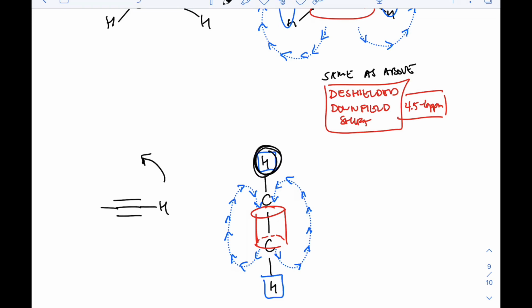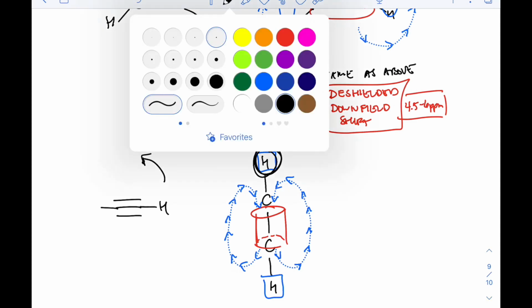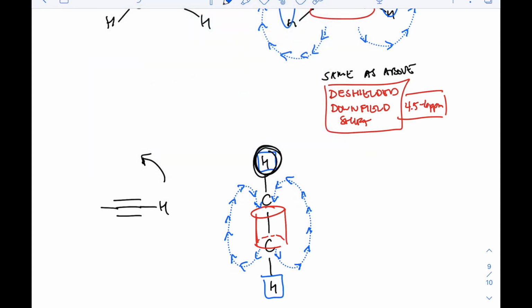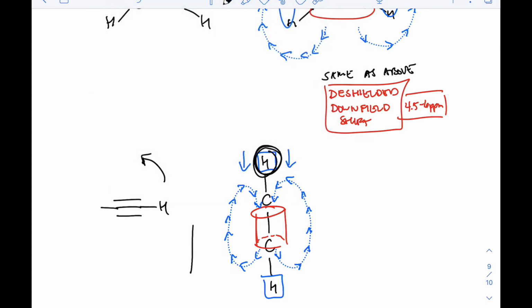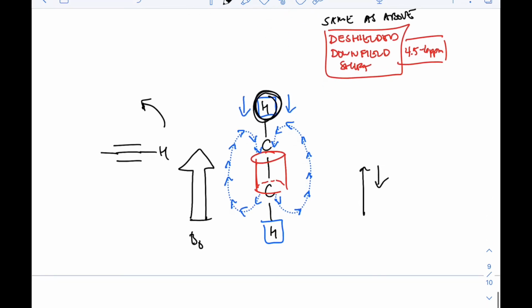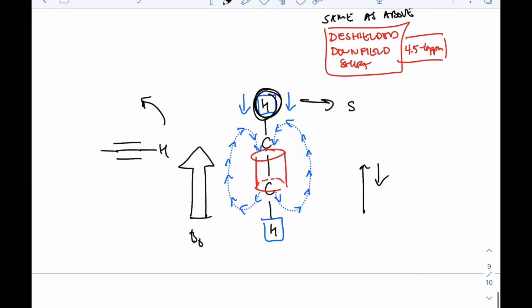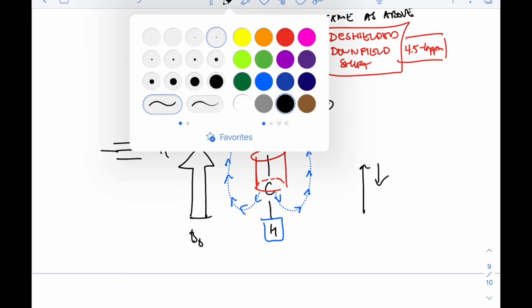Okay, so for this particular proton, the direction of that magnetic field is pointed downward, which is in opposition to the applied magnetic field, right? So you have one arrow going up, and then you have one arrow going down. And so what you end up getting is a shielded proton.